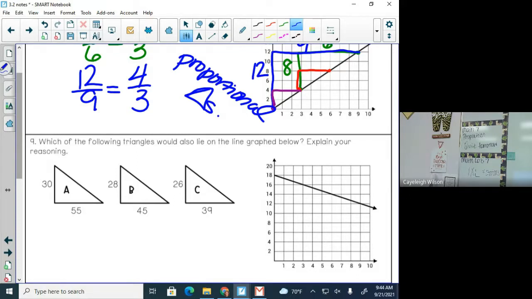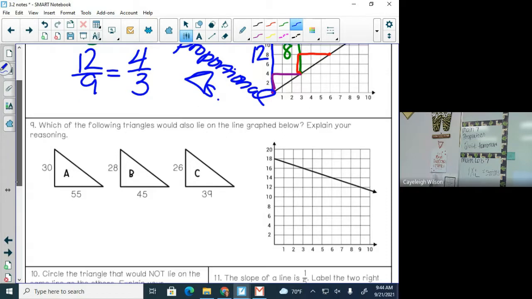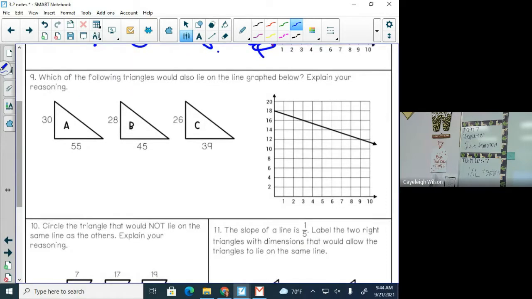Alright, guys. Let's walk through this because we need a little hand holding here. So let's say you choose this point and this point. Now, Blake was right. This is a negative slope because the line is going down from left to right.